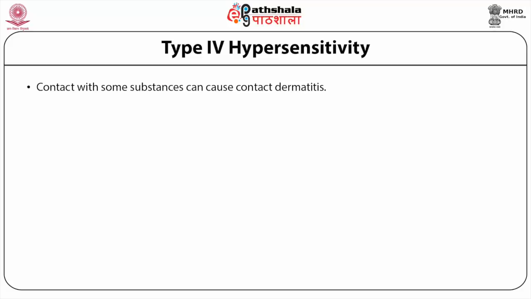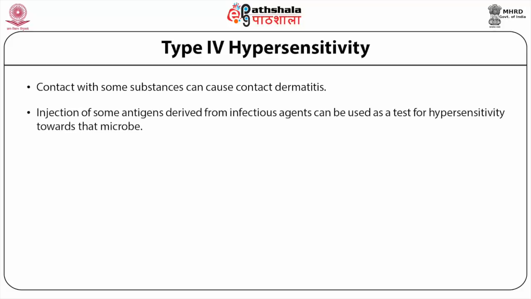Contact with some substances can cause contact dermatitis. Injection of some antigens derived from infectious agents can be used as a test for hypersensitivity towards that microbe. When some microbes persist, it causes formation of granulomas. All are examples of delayed hypersensitivity.